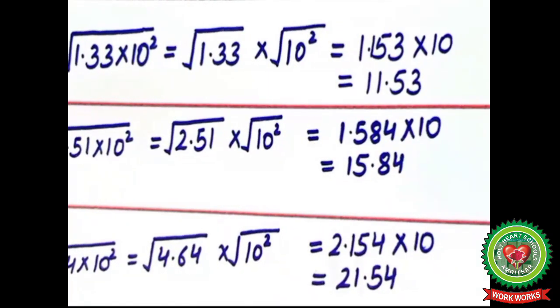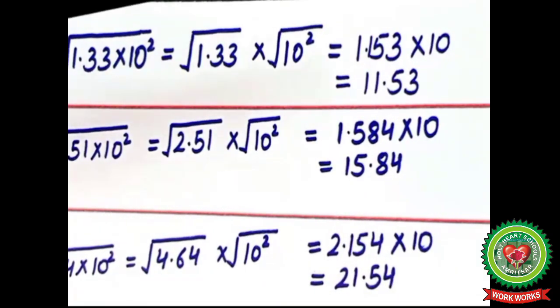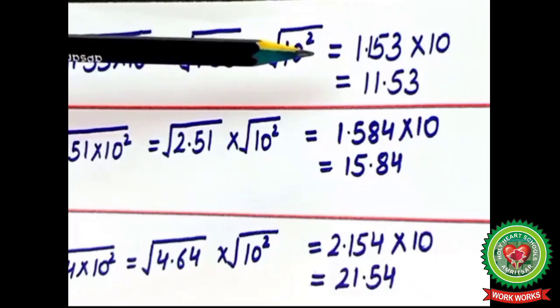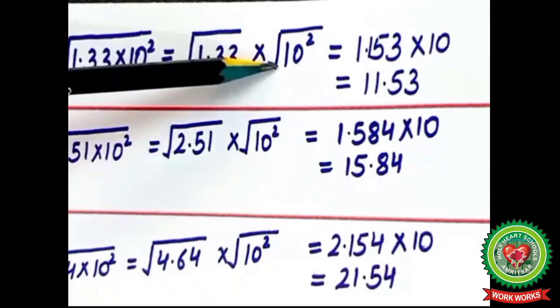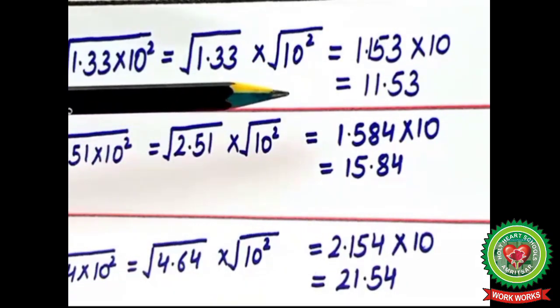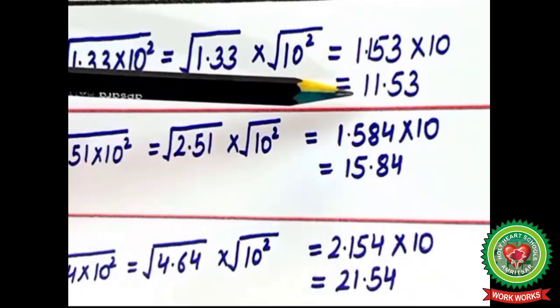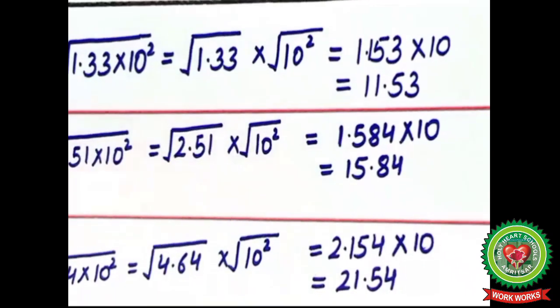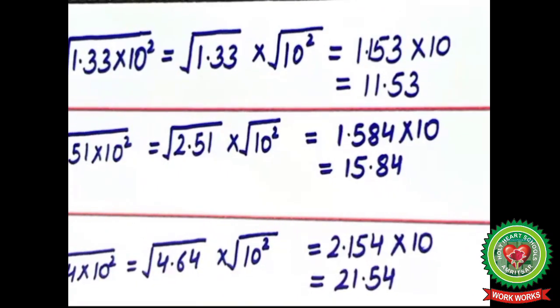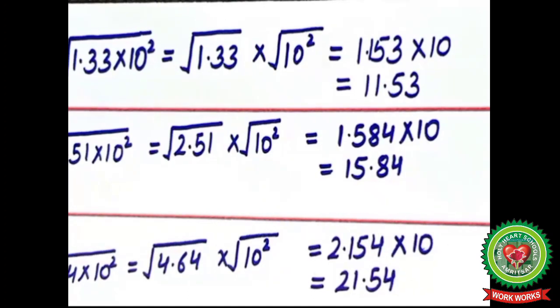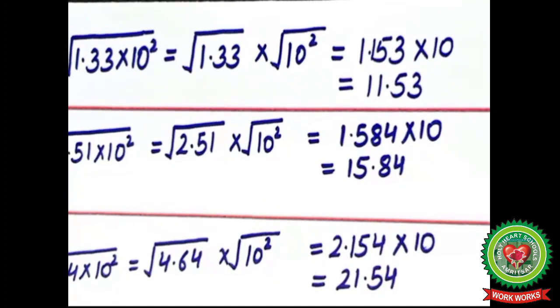After filling this value, the answer is 1.153 multiply 10. Now multiply 10 is there. It means that the decimal will shift one place. So the answer is 11.53. So this is the first example related to square root of more than 100.